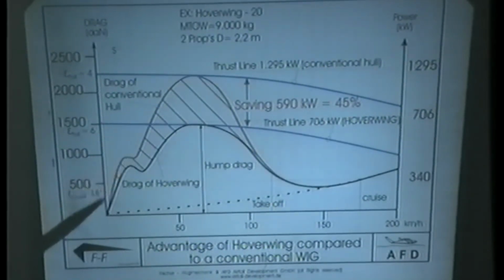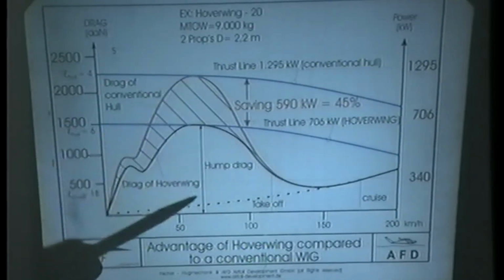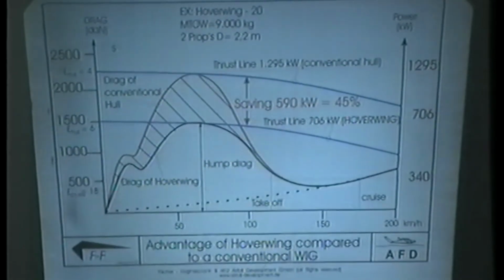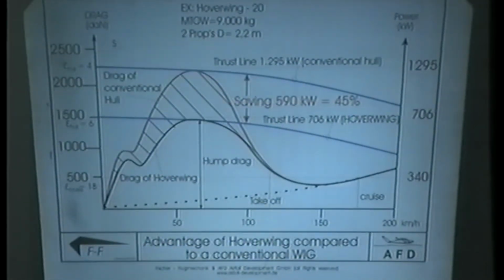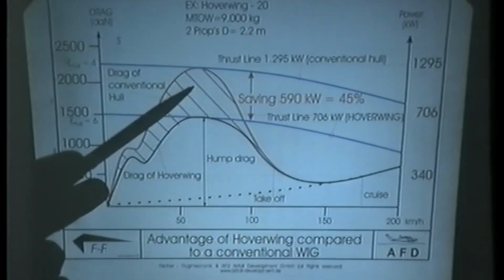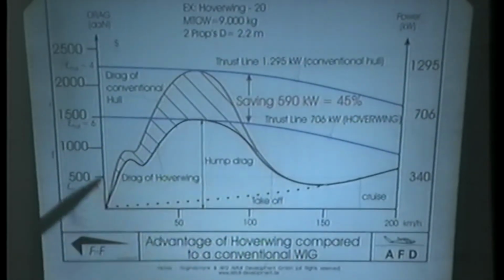You see here, this is displacement, then we are skimming, we come to the hump, and we need to install, in this case, 1,295 kilowatts to overcome the hump drag. But in flight, we need only 340 kilowatts.